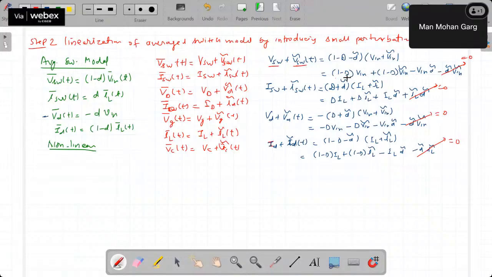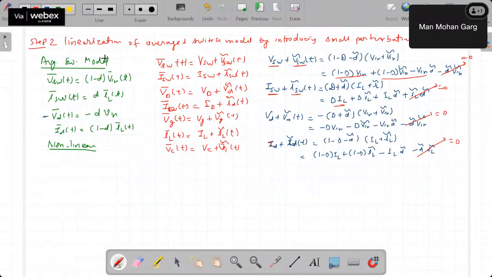Similarly, on the right hand side, this is the DC part, this is the perturbation terms. Similarly, here DC part, perturbation term, DC part, perturbation term, right? So in the next step, we can separate out this linear model and small signal model.